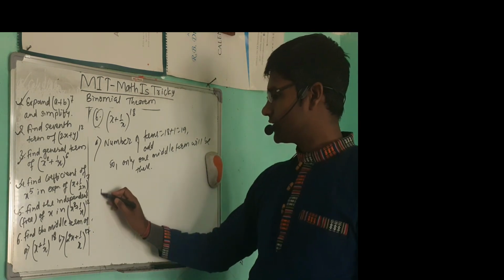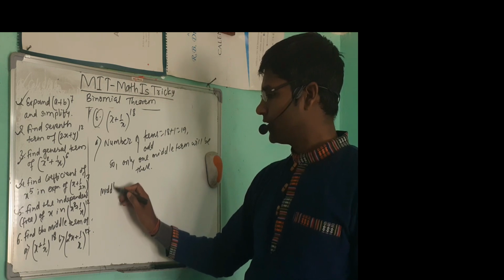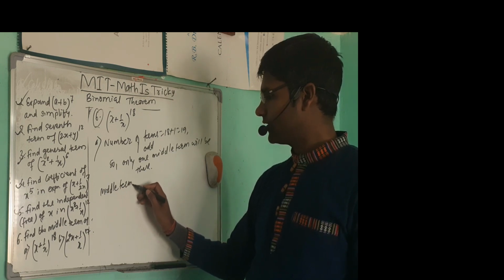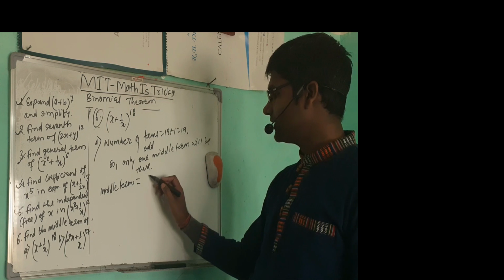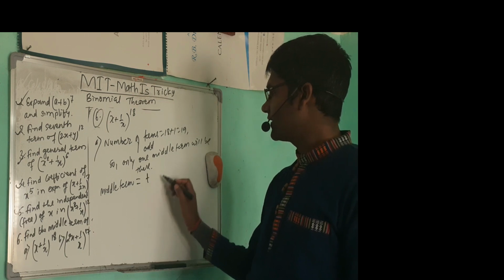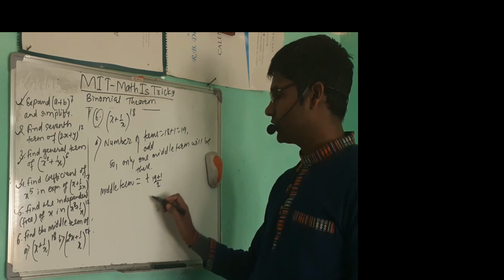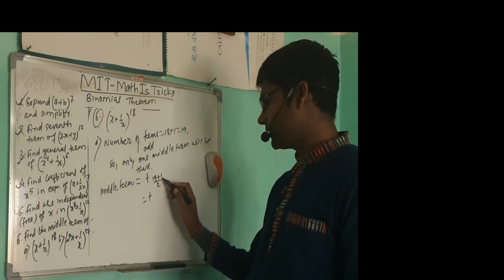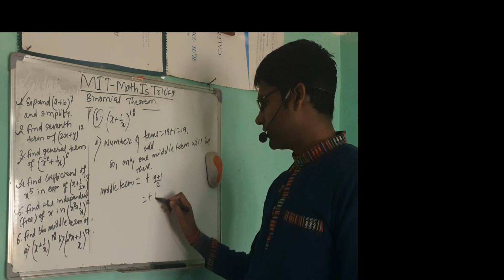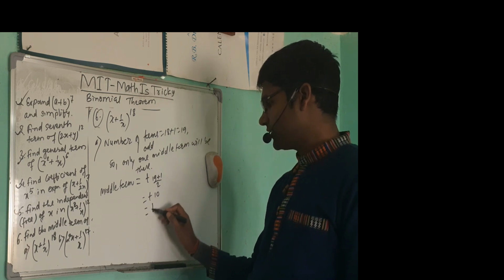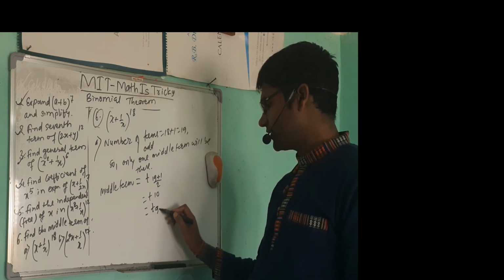So the middle term will be simply t of 19 plus 1 by 2, that is t of 20 by 2, which is t of 9 plus 1.